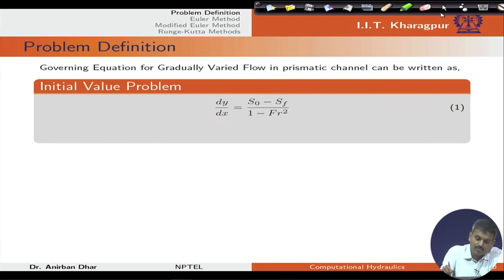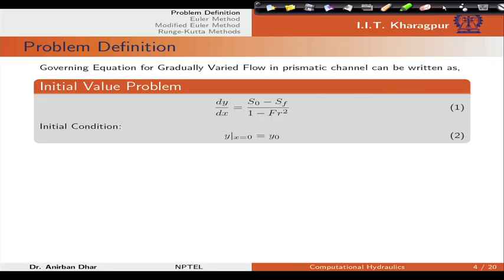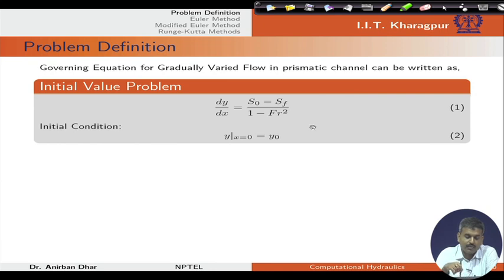Now, to solve this problem, we need an initial condition, which we may think of like a 0 time condition. If the flow depth is specified at a particular section in the channel, then we can find out the variation of y with x in the channel. So, this is an initial value problem, and this is a first order ODE.